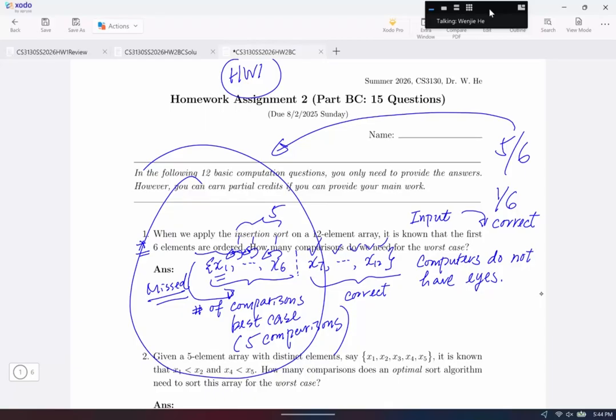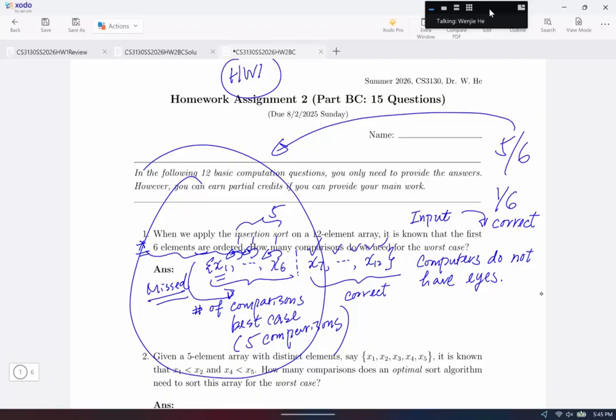When you run your code, you do not know. The same understanding applies here: the first half being ordered is a hidden fact, so you cannot change your code based on this property. That's a very important understanding problem.